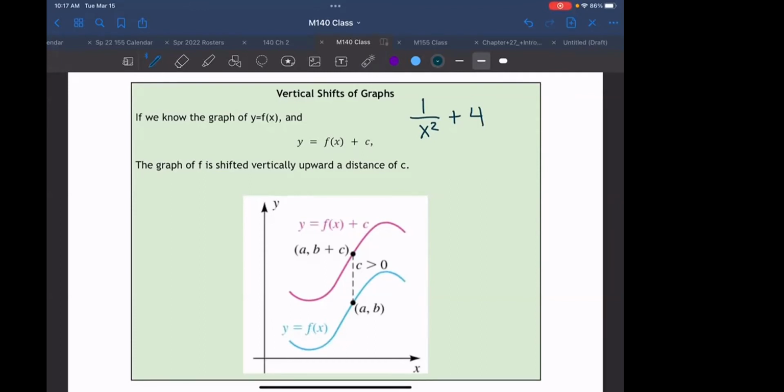I'll give you another one, like the square root of x minus 2. Notice that the 2 isn't inside the square root, it's set apart from the entire graph. Or like the absolute value of x plus 6. All these numbers are set away from the actual function.